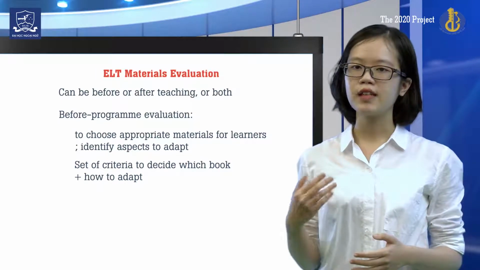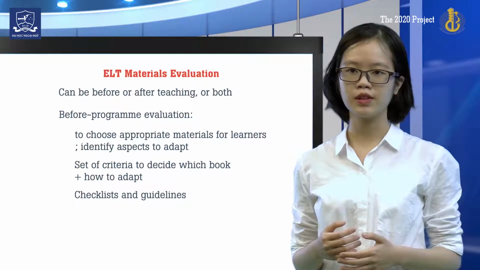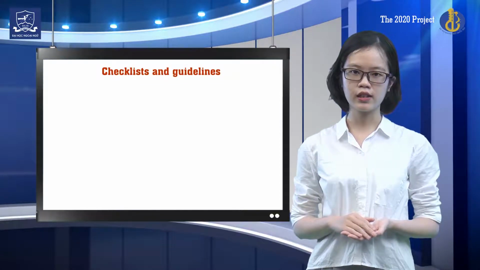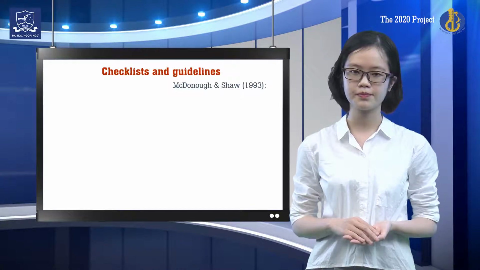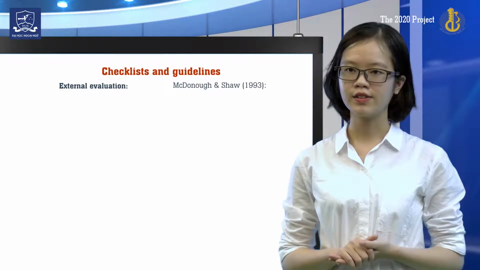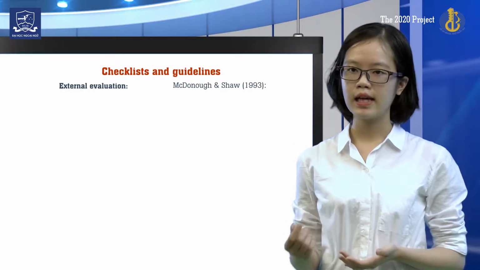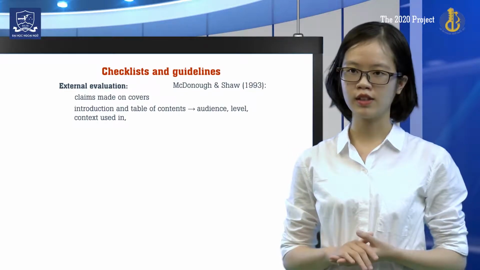Next, you will see some commonly used checklists and guidelines for materials evaluation. Firstly, let's have a look at a checklist by McDonough and Shore in 1993. For external evaluation, course designers need to pay attention to the following factors: claims made on the cover, introduction and table of contents.